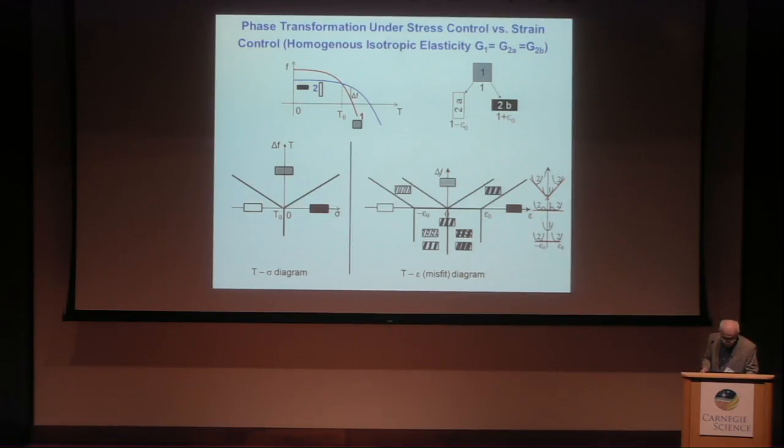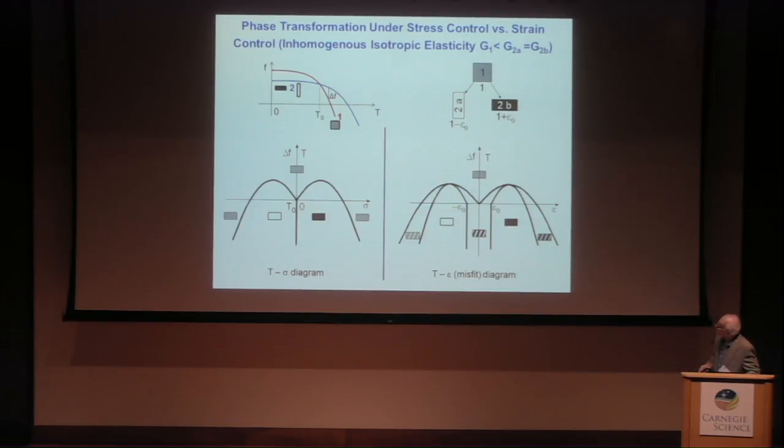What happens if you consider a case, I remind you again, what happens if you have a different property of phase, but again, the initial phase has a more soft phase, minimum modulus, and the black phase and the white phase have the same modulus.